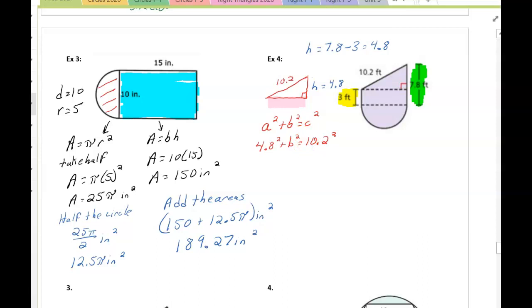Using my calculator, I get 23.04 plus b squared equals 104.04. I'm going to subtract 23.04 from both sides.